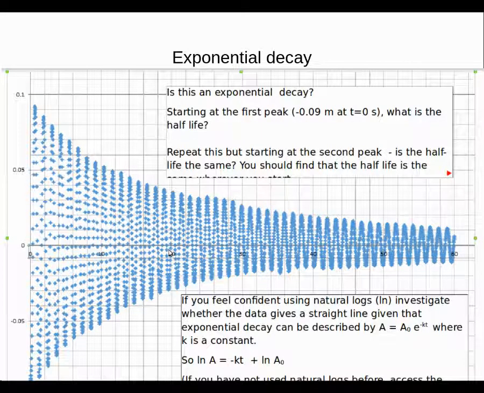Okay, so I'm hoping that you saw that it was close to being exponential. To go down to 0.45 was around about somewhere between 10 and 12 seconds, and that repeats over and over. So this is a good example.